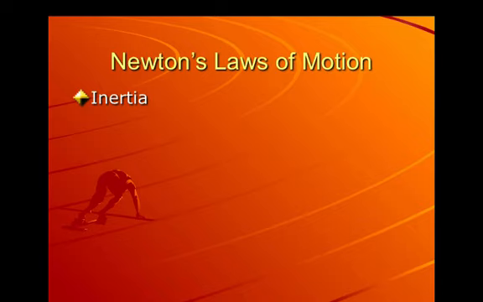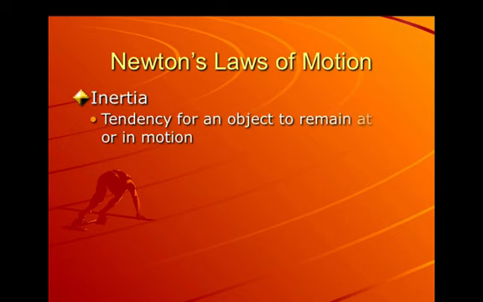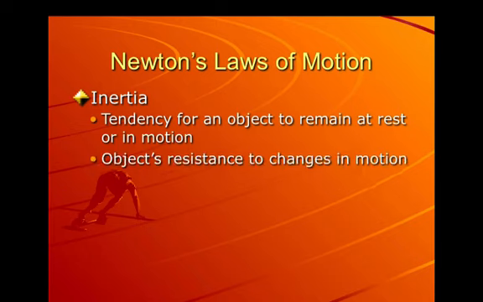Well, it's actually a hard word to really understand in terms of physics. The way it's found best to describe it is a tendency for an object to remain at rest or in motion, or an object's resistance to any changes in its rest or motion.